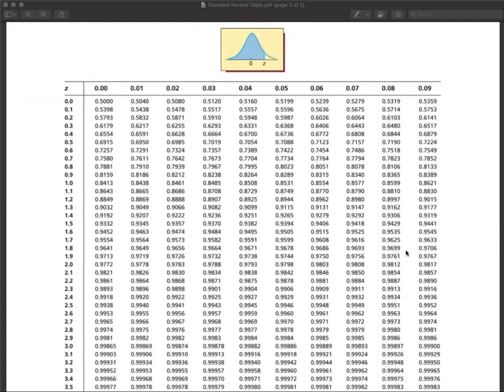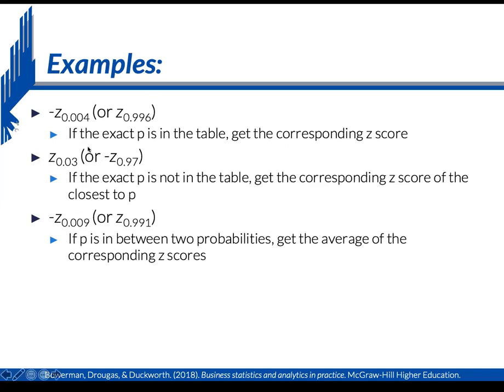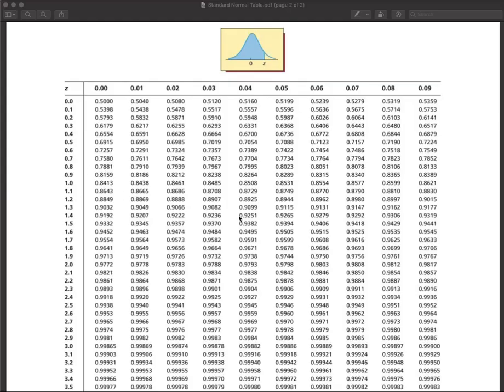When this happens, our rule is to get the corresponding z-score of the probability closest to what we are looking for. Between the two, the closest to 0.97 is 0.9699. So the corresponding z-score must be 1.88. So the z-score that is denoted by z sub 0.03, or negative z sub 0.97, is 1.88.